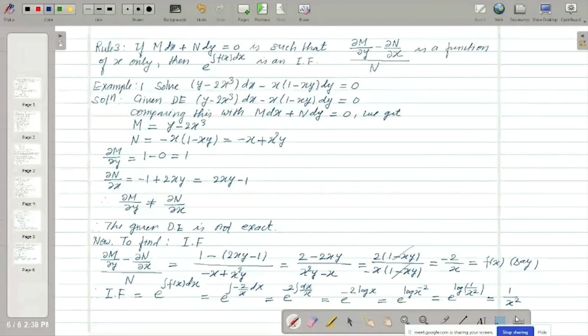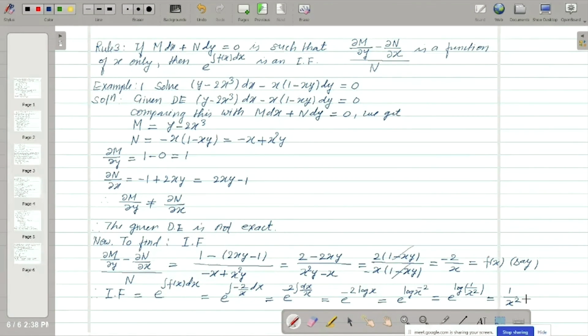If e raised to log of something is there, then this part is the integrating factor. This is the property of logarithm. E raised to log of 1 upon x square, so 1 upon x square is the integrating factor.